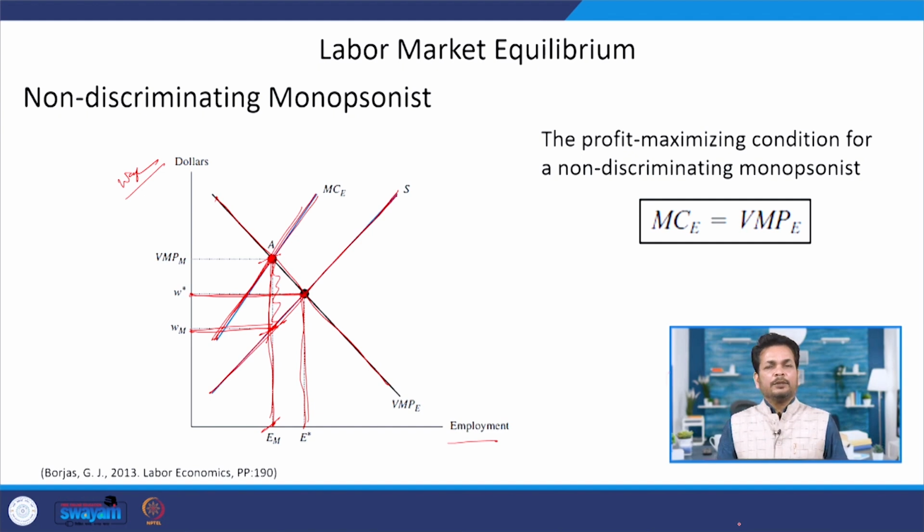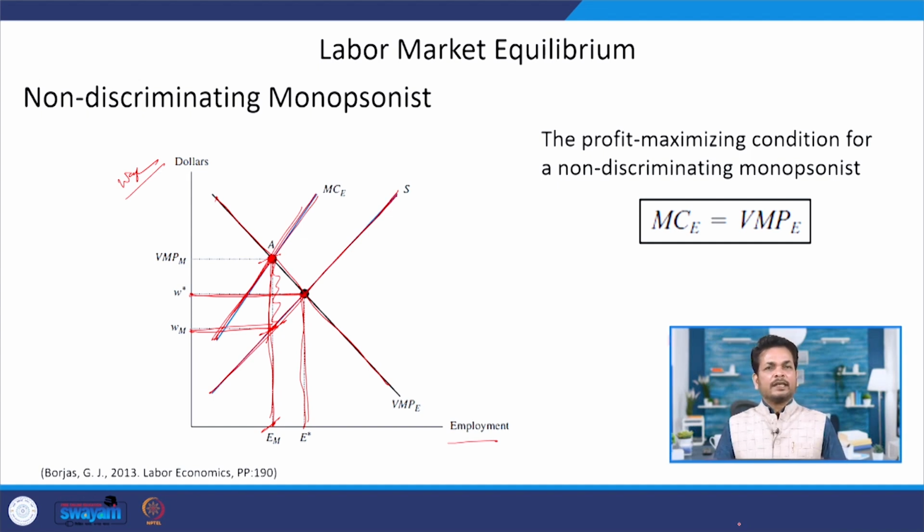So, the labor market equilibrium shown in the figure has two important properties. First, a non-discriminating monopsonist employs fewer workers than would be employed if the markets were competitive. The competitive level of employment is given by the intersection of the demand and supply, or at point E star amount of workers. As a result, there is some amount of underemployment in a monopsony. Put differently, the allocation of resources in a non-discriminating monopsony is not efficient.